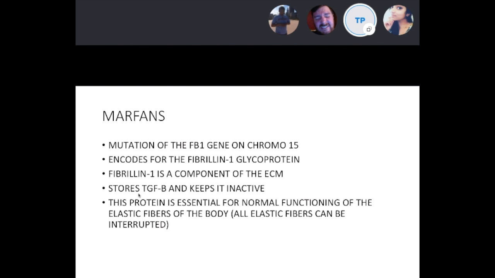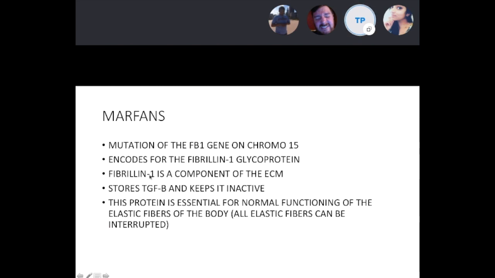And therefore it's not going to let it do its normal immunological function. So that was just the idea. And so in patients who have Marfan's, there tends to be an elevated TGF-beta level. So that was just kind of an additional fact there.